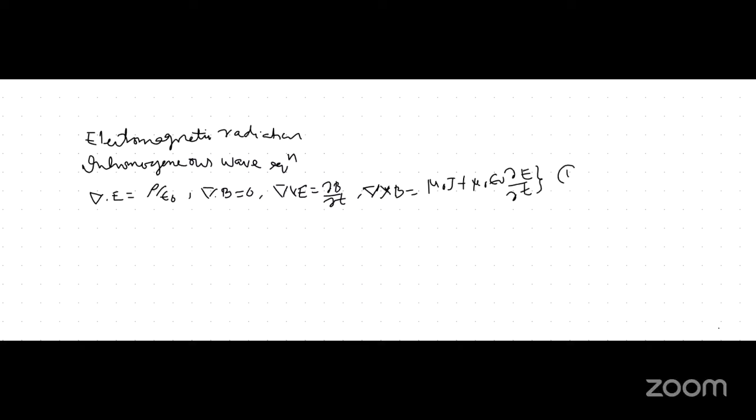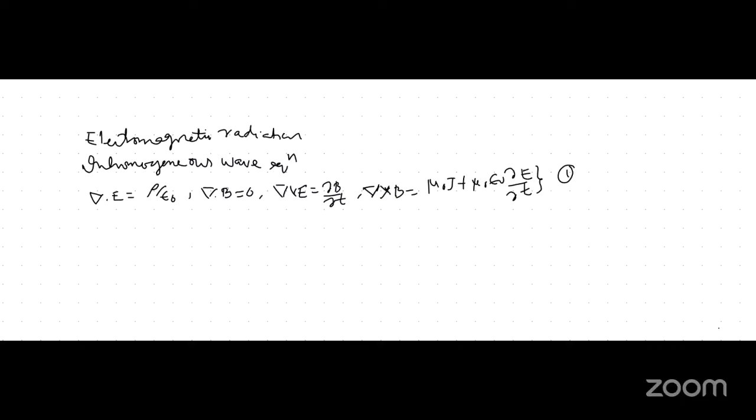With the help of these four Maxwell's equations, we will consider two of them, which are satisfied identically by introducing the vector potential and scalar potential. We will take the second and third Maxwell's equations.